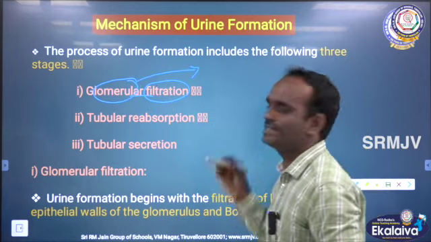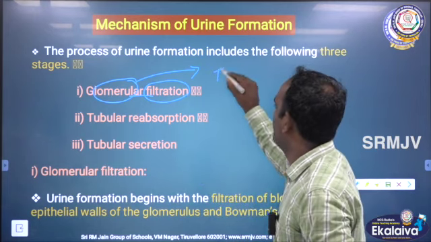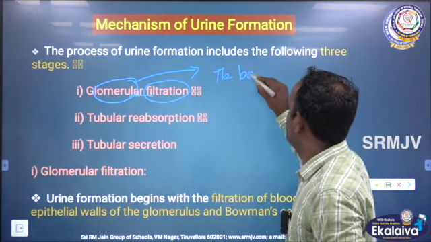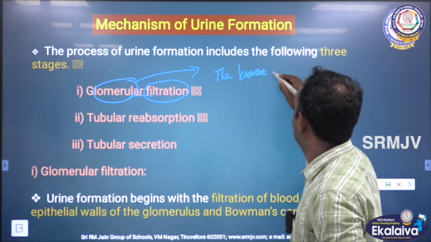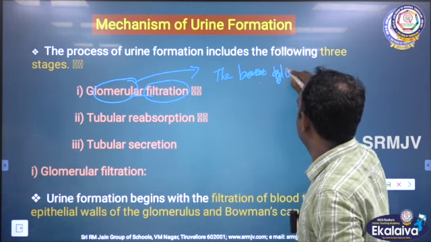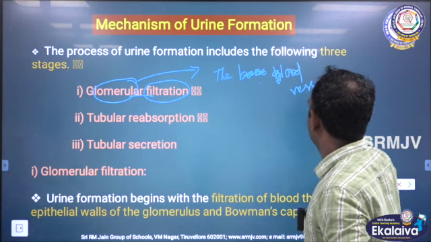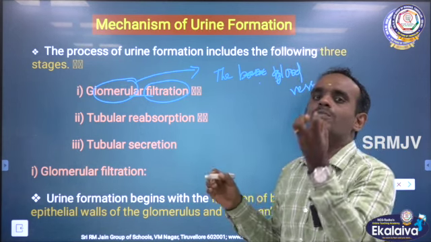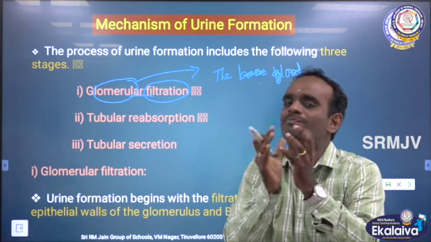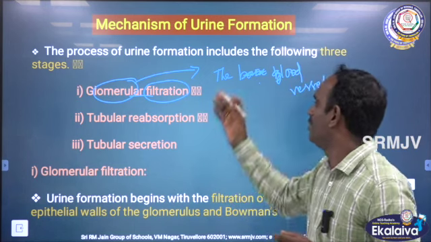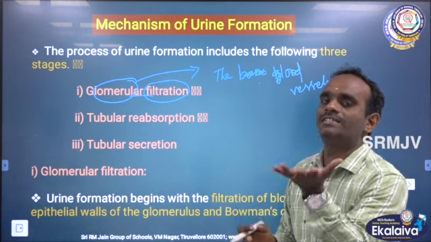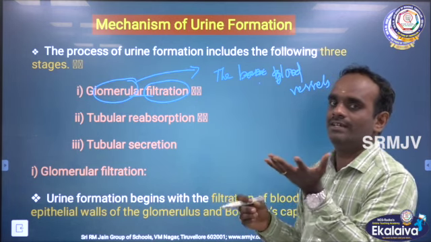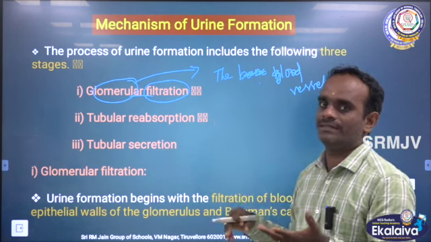Glomerulus is nothing but the blood vessels which are in the Bowman's capsule. The bunch of blood capillaries is called glomerulus. So, a filtration takes place, that is called glomerular filtration.